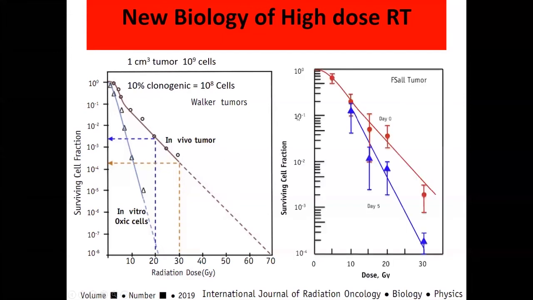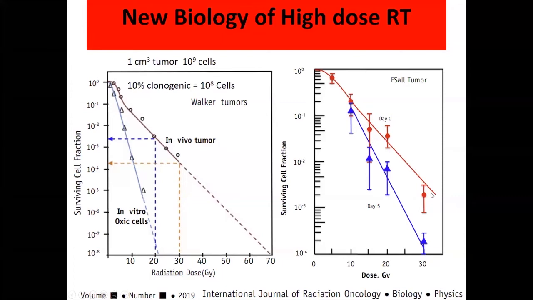Similarly, this experiment is again very interesting. Here, the authors treated the mice tumor with increasing doses of radiation and generated the cell survival curve on day 0, immediately on the same day when radiation was delivered, and after 5 days. When the cell survival curve was generated the same day, it was something like this.